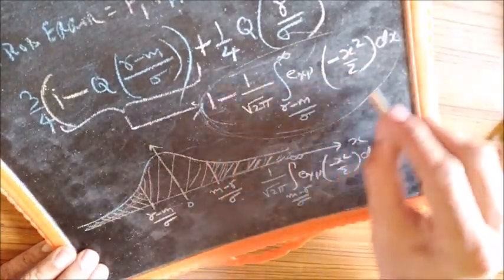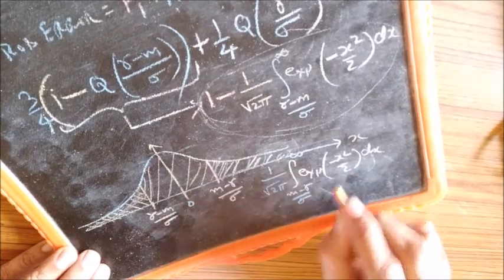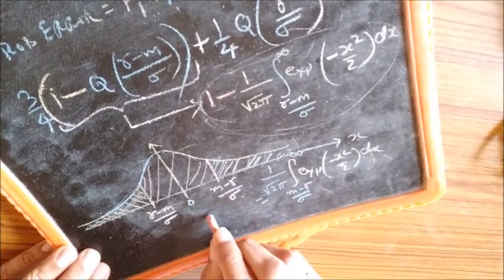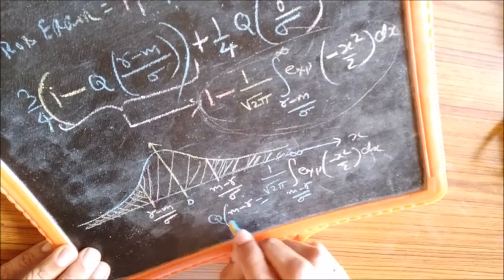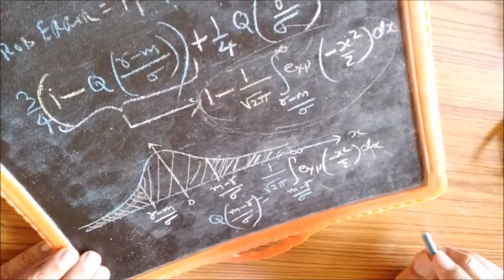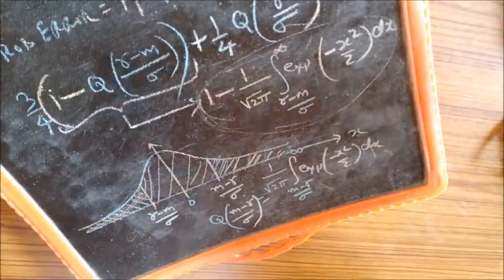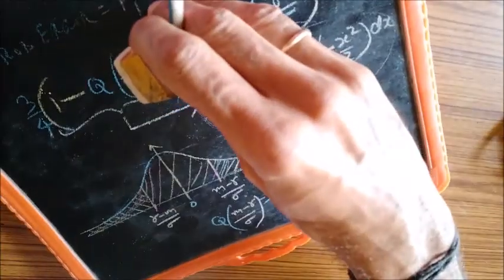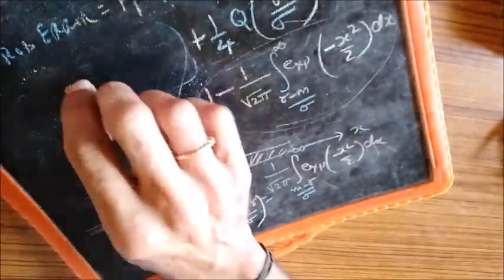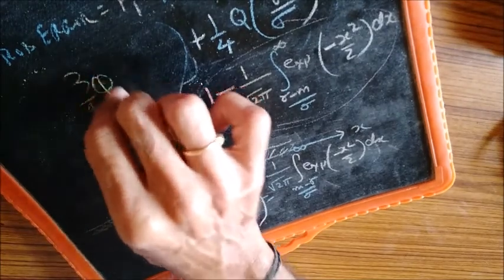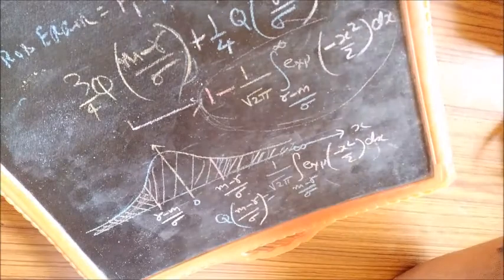By definition of the Q function, we can write this as Q of m minus gamma by sigma. So this can be expressed as a single Q function.